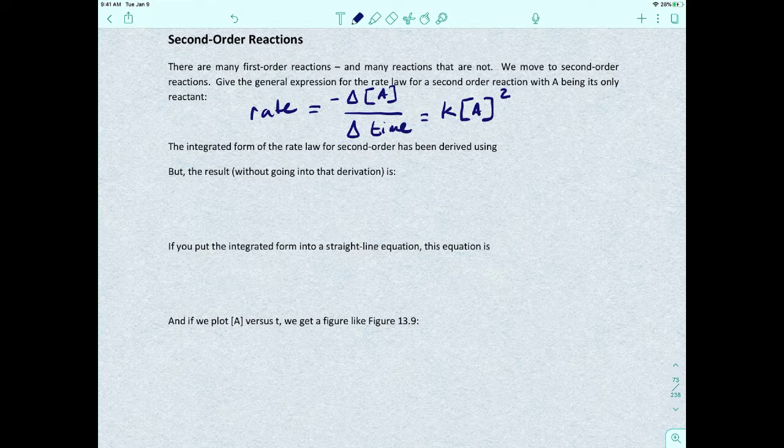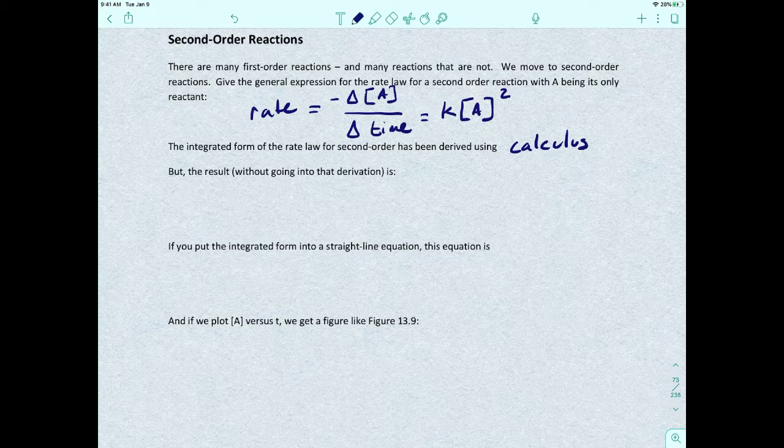Now, the way that we got an integrated rate law equation for first order reactions, we had to use calculus. We're going to have to do the same thing again here. We apply the laws of calculus to derive this equation, but we're going to skip all that.